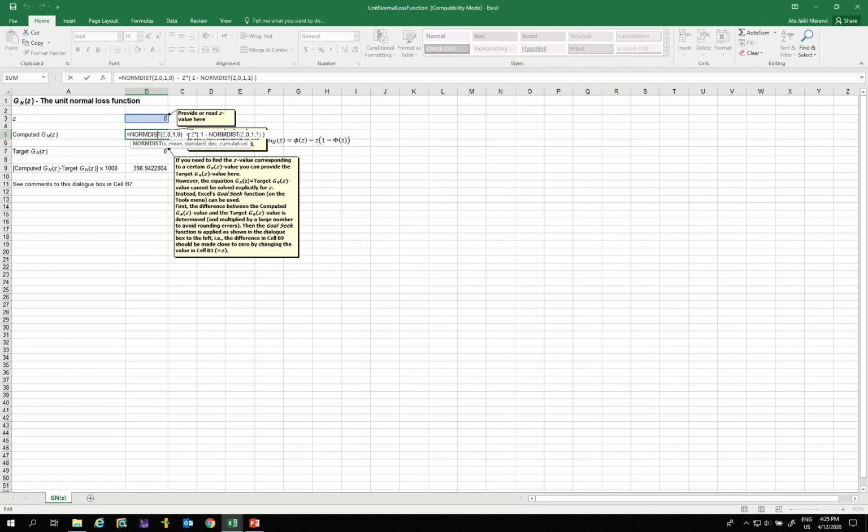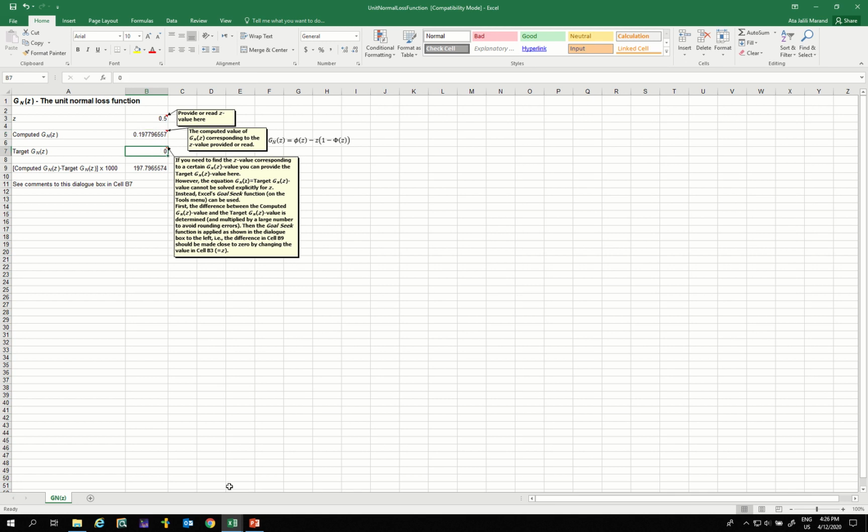And then it is minus z multiplied by 1 minus the capital phi, and it is capital because for the last argument we have 1, which indicates that it is a cumulative distribution function. So here I have simply this equation, right? And if I change the values for z, I can see that the computed Gn of z will change.